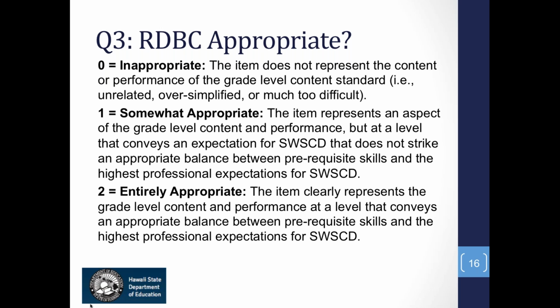A 1 rating means that it's somewhat appropriate. That means it represents a relatively appropriate balance between the prerequisite skills that are required to access some of the academic content and the highest professional expectations for students with significant cognitive disabilities. It's at that in-between stage.